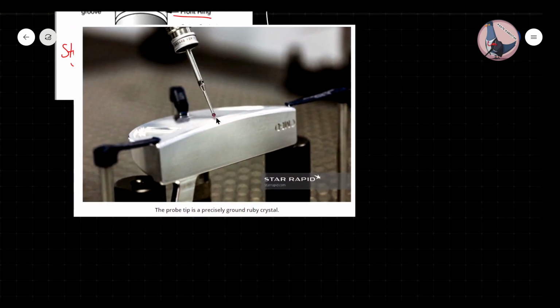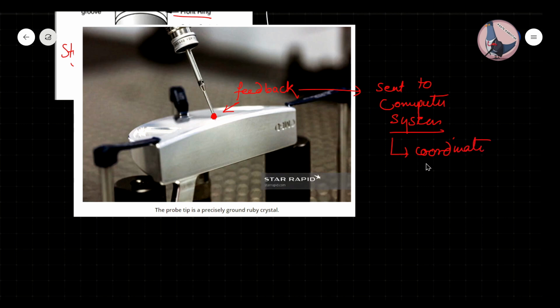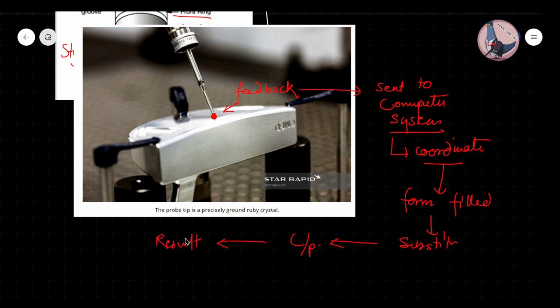These stylus contact the job, and then these points will touch the job, and the feedback is sent to the computer system, and coordinates are measured. Then these coordinates are filled into a form, then substituted, then comparison, then result. Okay, so I guess you understand the logic now.